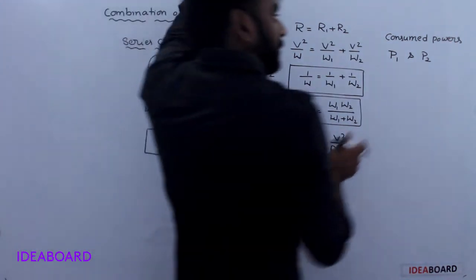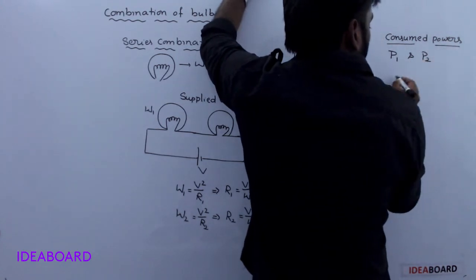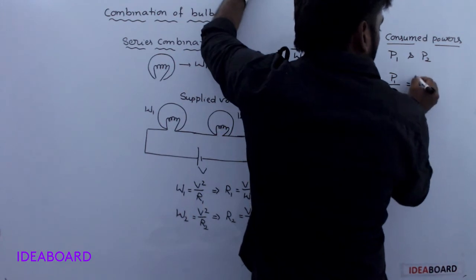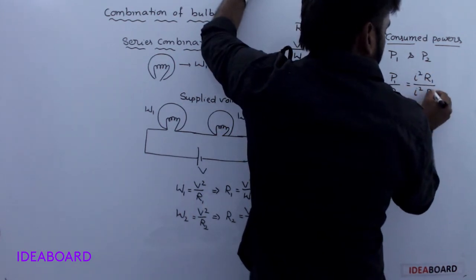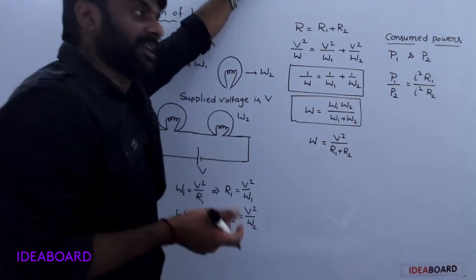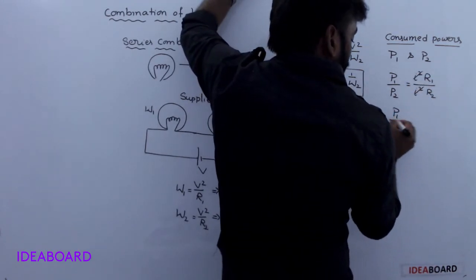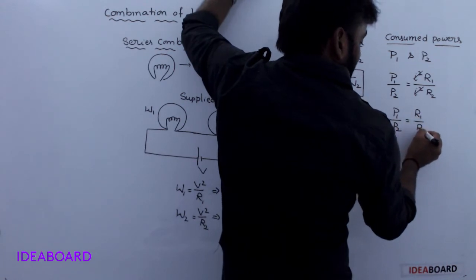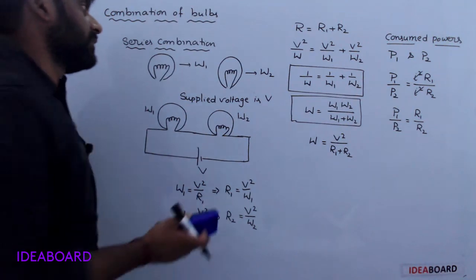Consumed powers P1 and P2. In series combination, which one is constant? Current. So you are utilizing the I square R formula. I square cancels. P1 by P2 is equal to R1 by R2. Understood?